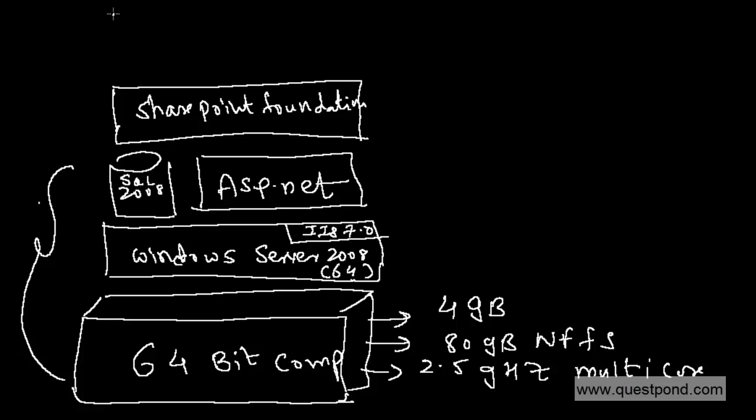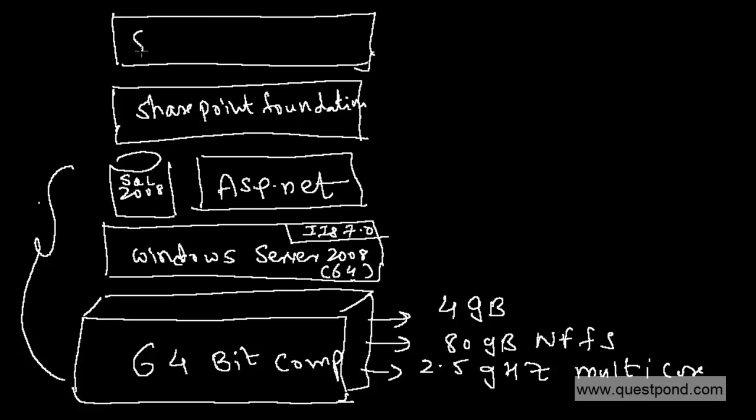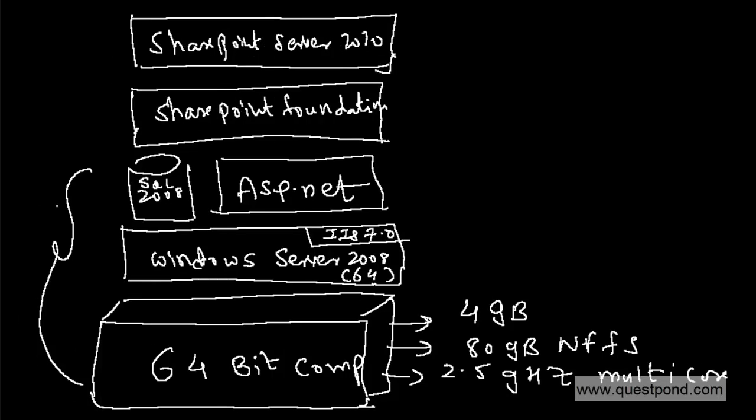And then on top of this, in case you have paid money and you have bought SharePoint, then you can install SharePoint Server 2010. So that's the complete hardware and software requirement for SharePoint. If you want to minimally run SharePoint, these are the necessary requirements you need to fulfill.